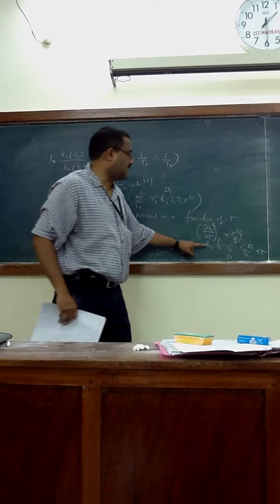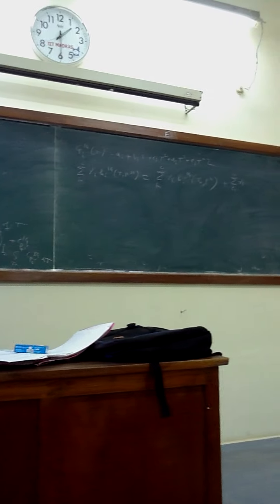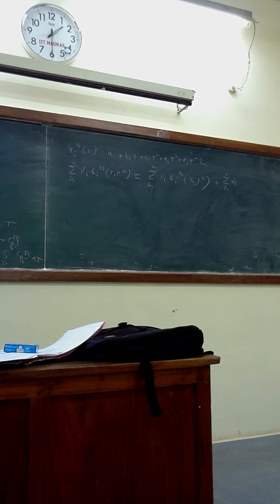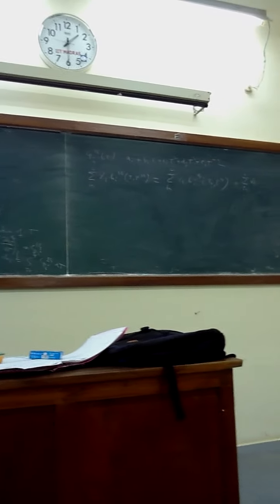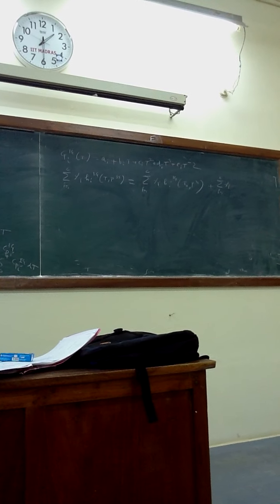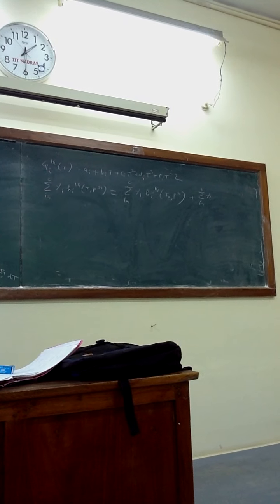So H_i^IG is H_i^IG at T0 plus something. What will be that? Tell me the answer. Very simple.